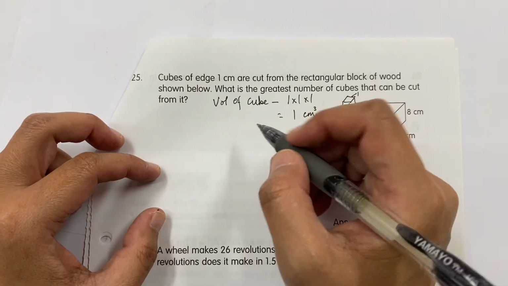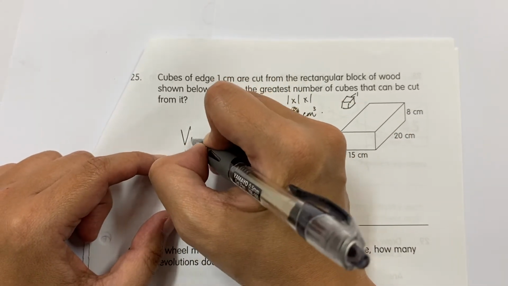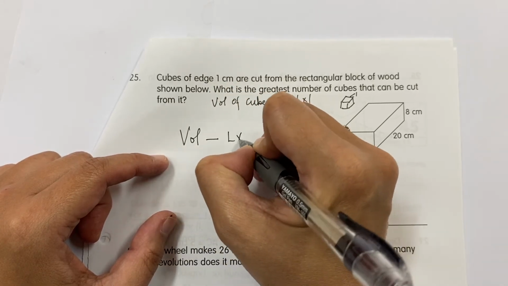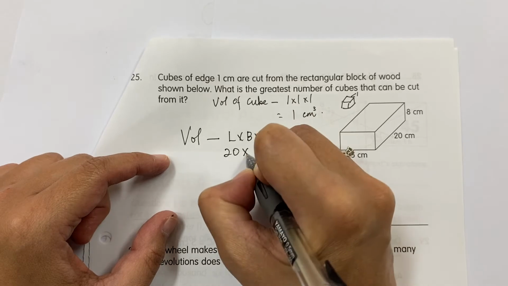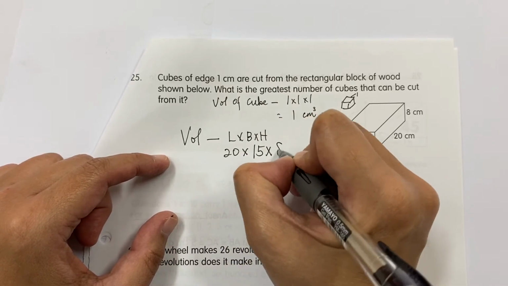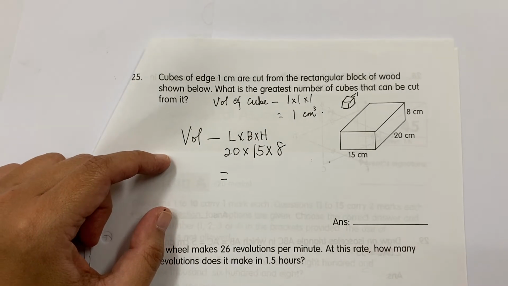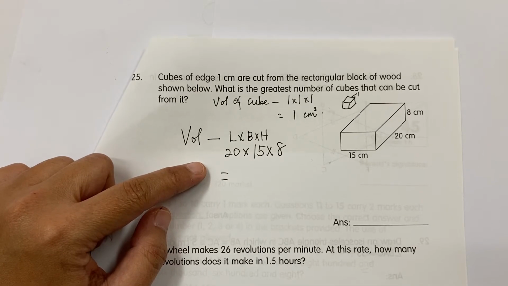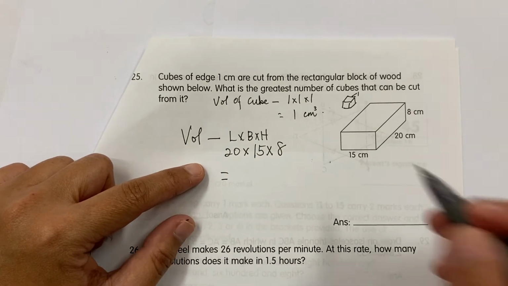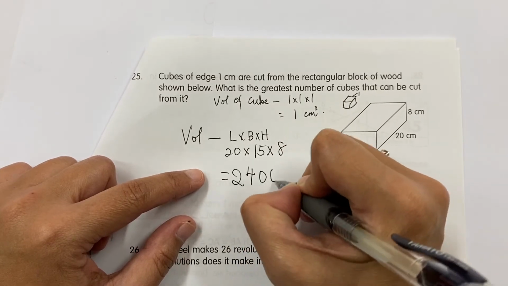Alright, so what you do is you find that volume, length times breadth times height. Your dimensions are 20 by 15 by 8, so that is 2,400.